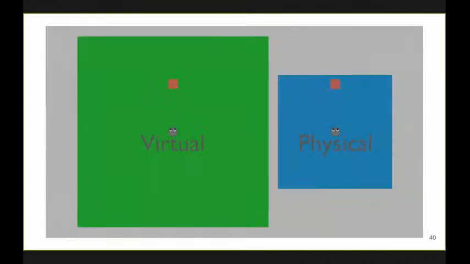So why is that? So here we have a user that is just walking towards some object, this red cube thing that it wants to interact with. However, in virtual reality, we have to consider both the virtual and the physical environments.